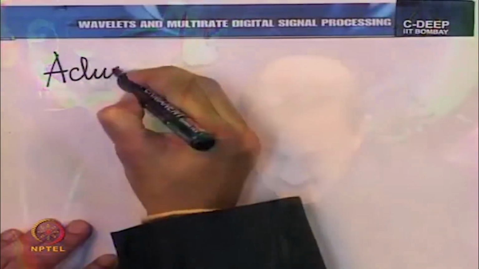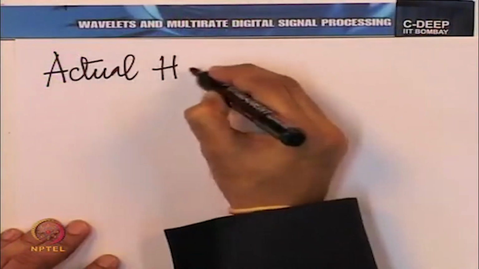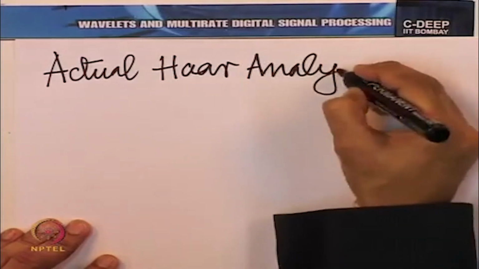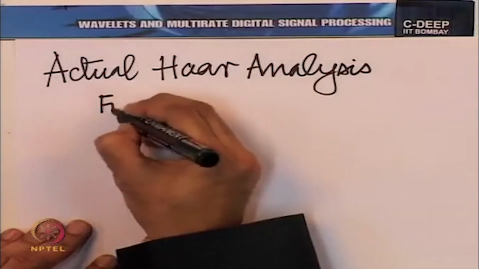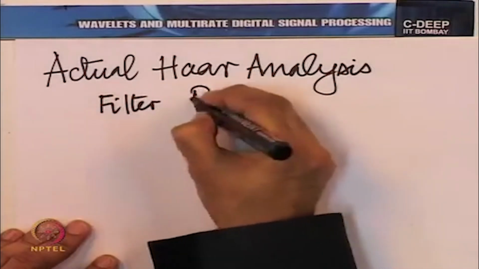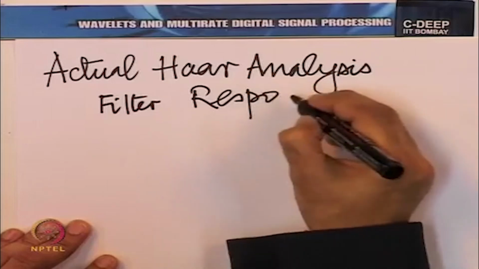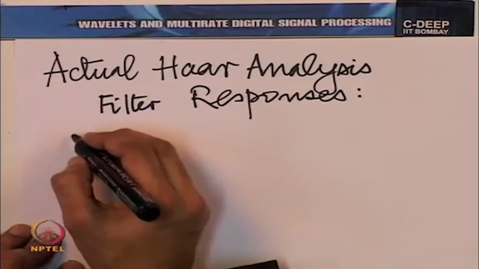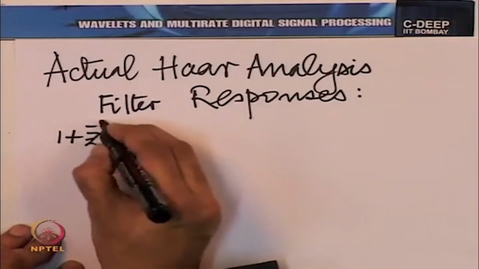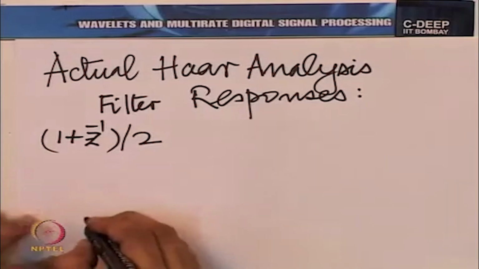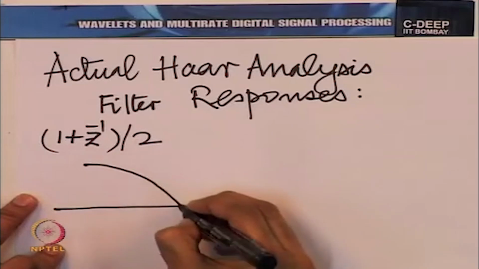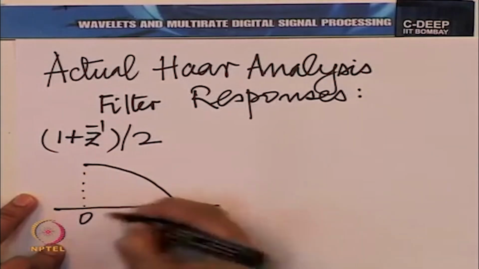So, the actual Haar analysis filter responses. The 1 plus Z inverse by 2 filter had a response that looks like this, essentially mod cos omega by 2 between 0 and pi.